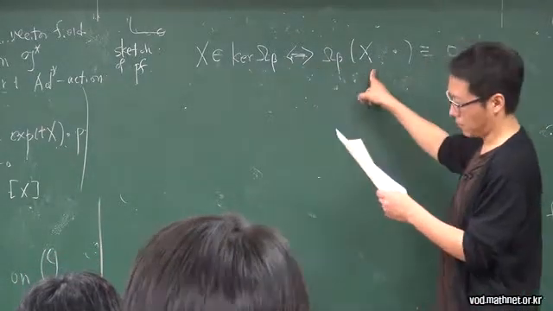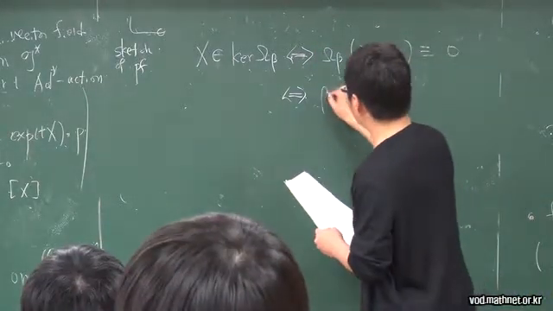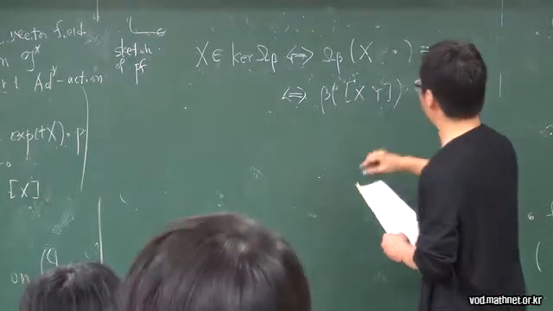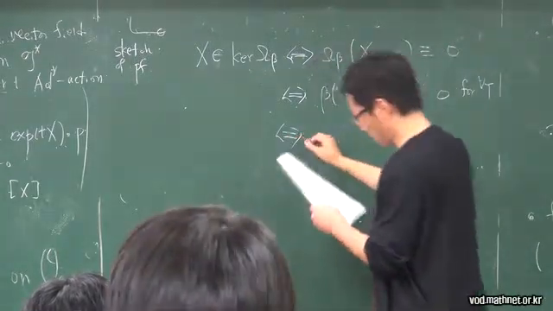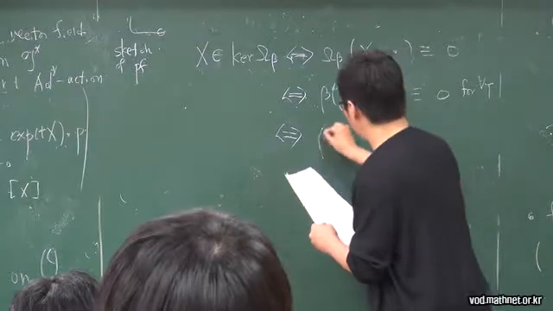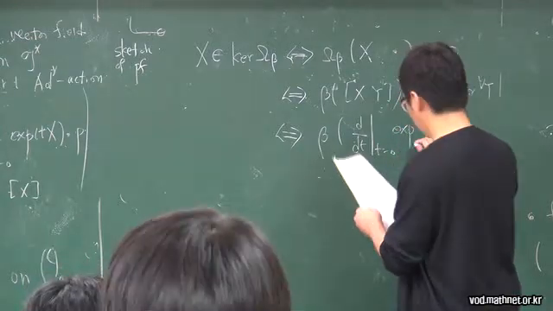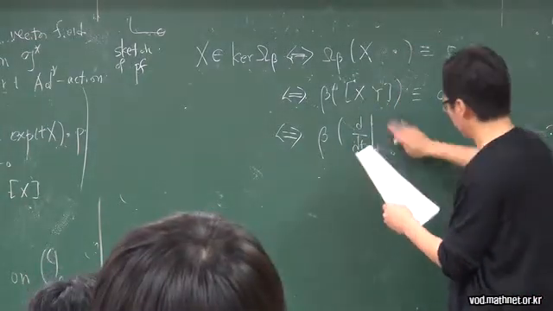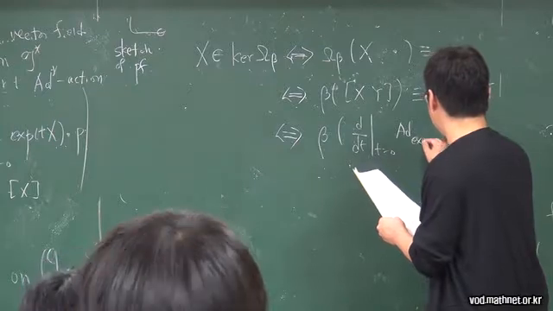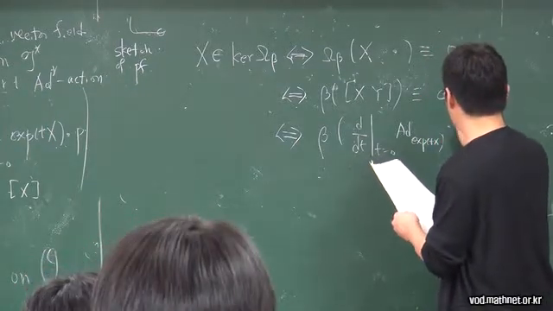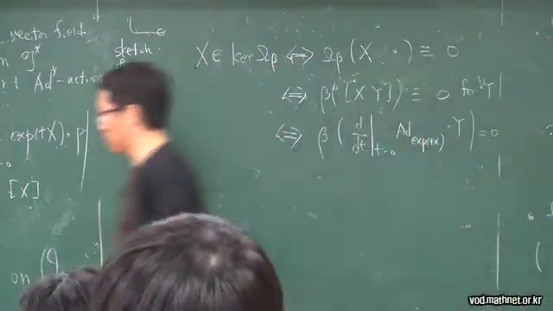And this is nothing but beta of d/dt at 0 of Ad exponential tX of Y, which is 0. So actually we need some lemma.